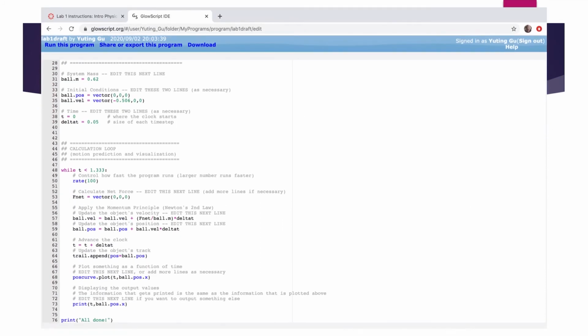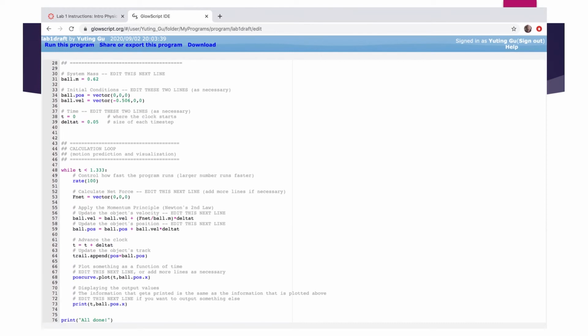And this is the screenshot of my code. Since I didn't need to change anything in the first part of the code, I just didn't put the complete code here. So what I did was to change the mass of the ball to 0.62 kilograms, and I set the initial velocity of the ball to the number I just calculated.